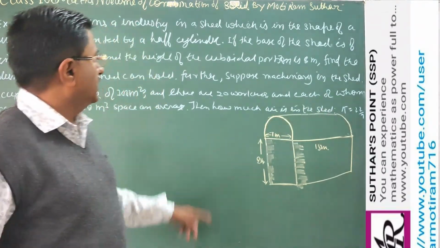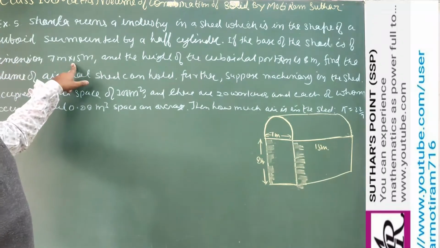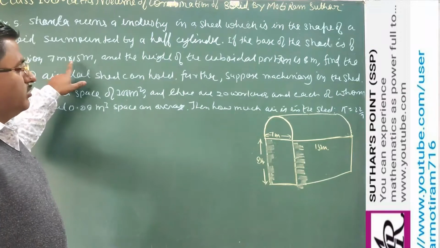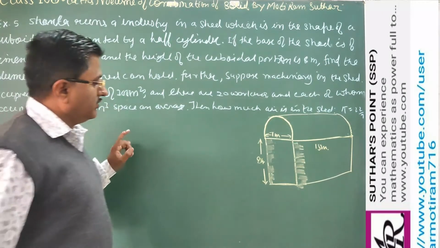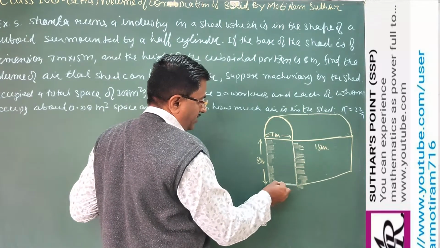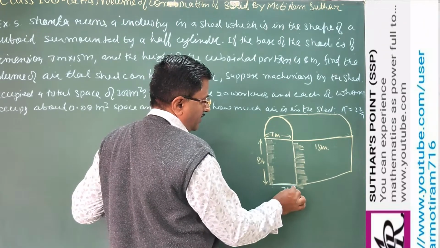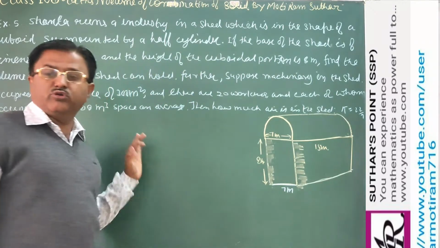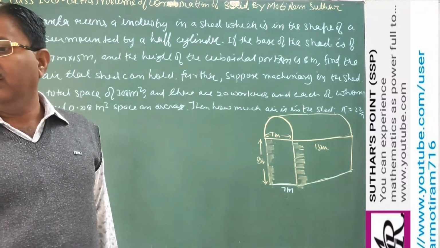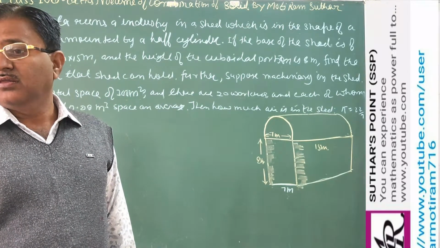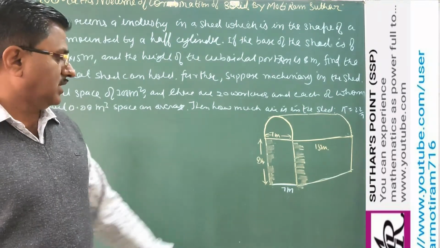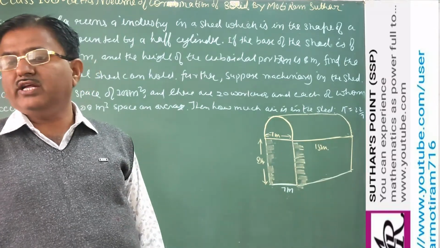Now what does the question say? The dimensions of the base are given, 7 meter into 15 meter. So here we are given the breadth, that is 7 meter, and the length, that is 15 meter. For the cuboid we have the length and breadth given as 7 meter and 15 meter respectively.